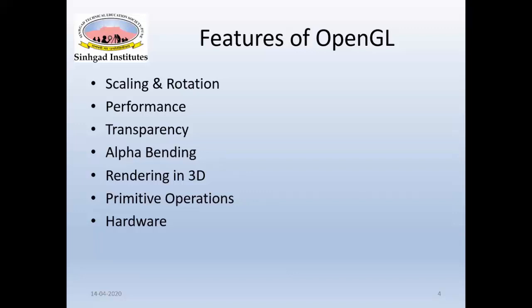OpenGL provides basic drawing primitive operations such as point, line, polygon, etc., with the help of which you can easily draw points, lines and polygons. Seventh, hardware. Whenever the speed of operations needs to be increased, OpenGL uses hardware. So that was all about the features of OpenGL.